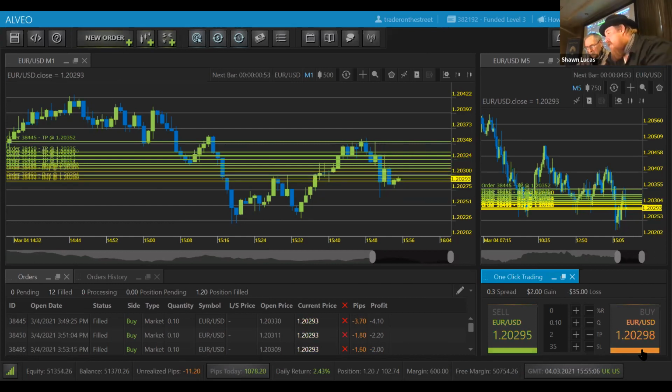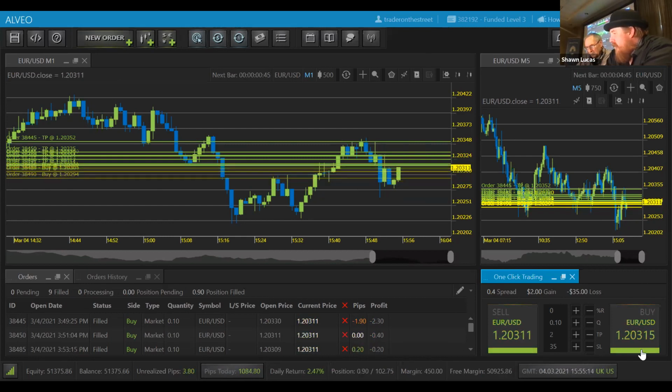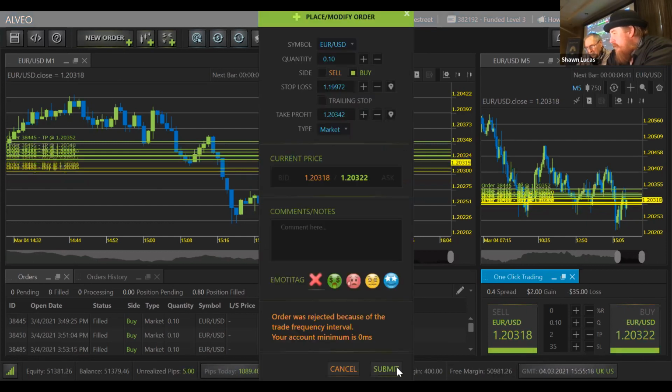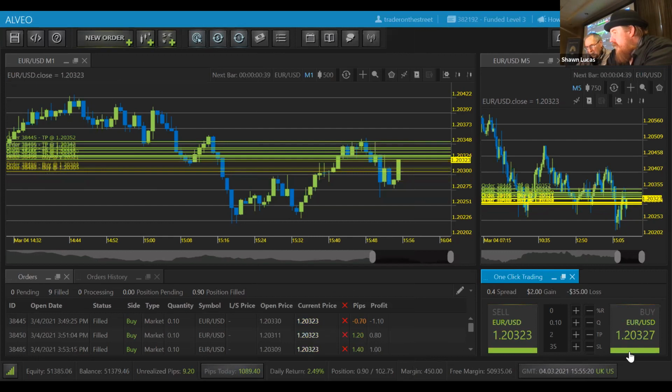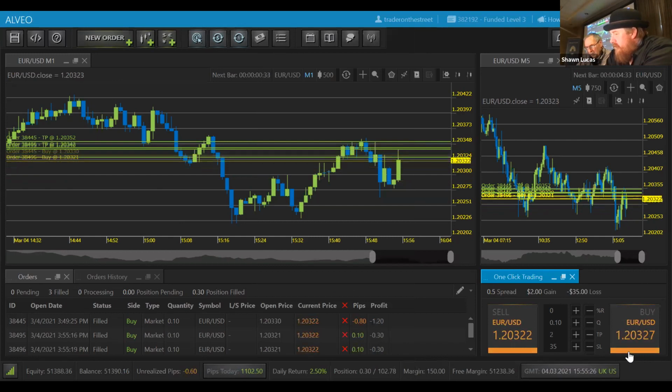The body two candles ago is the turning point. There we go, right there. Okay, add a couple. So we're looking for a turn here and a test of the highs. Good, that's beautiful.